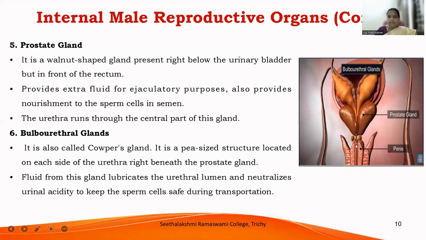And the next one is the bulbourethral gland. This bulbourethral gland is also known as the Cowper's gland. It is a pea-sized structure located on either side of the urethra. This gland produces a clear slippery fluid that empties directly into the urethra.